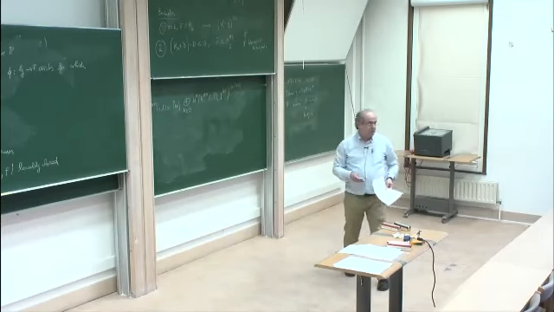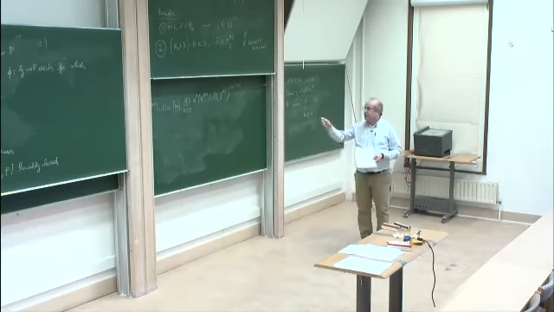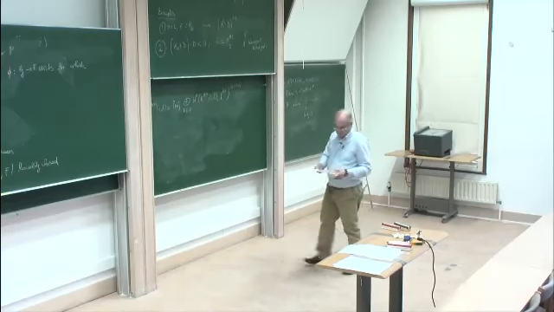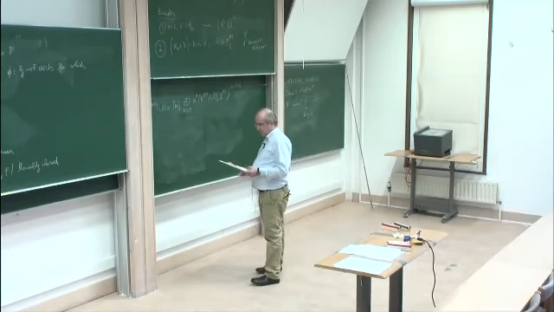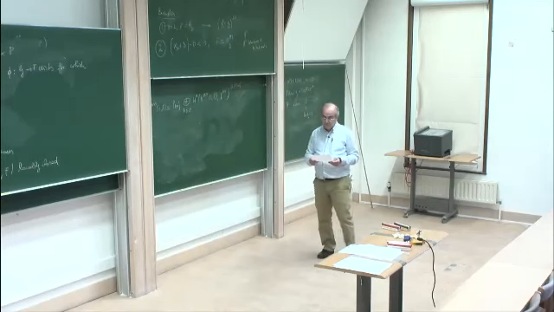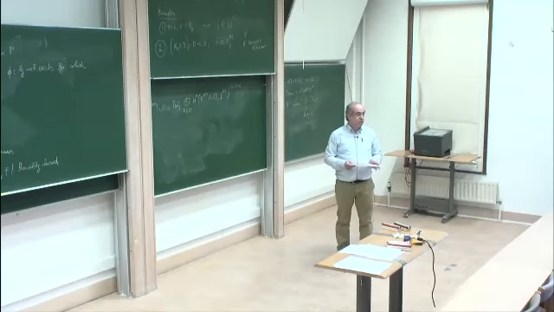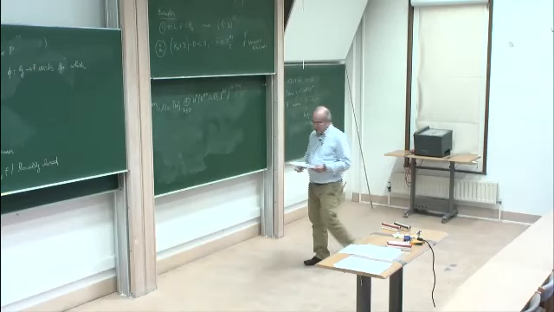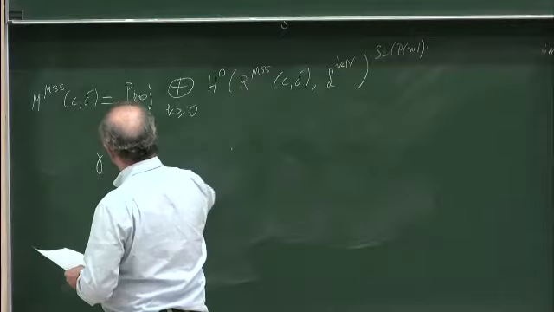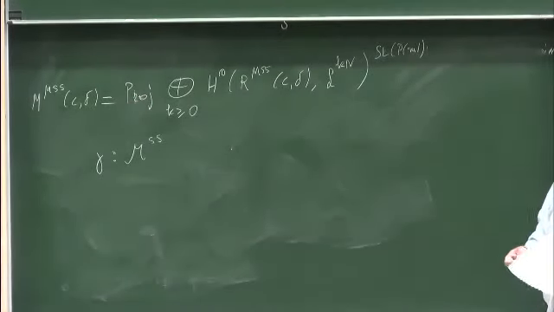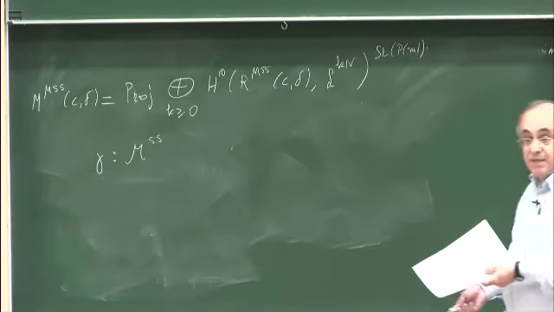So let me go to this point. This space has a kind of stratification, which shows its structure to some extent. The point is that all Gieseker semistable sheaves are mu-semistable. So this means there is a map from the Gieseker moduli space, the Huybrechts-Lehn moduli space, to this.